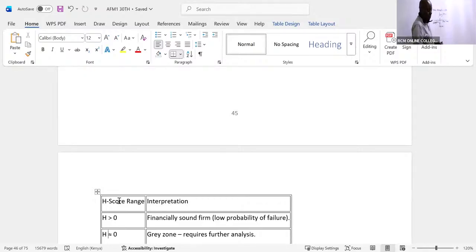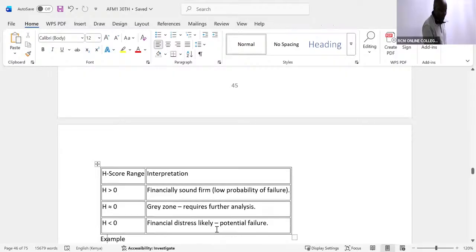And we are told that if H is greater than 0, if it is positive, then this organization is financially sound. The organization is doing very well. If H is 0, that is ish, it's a gray zone, requires further analysis. And if H is negative, it is an organization which is financially what here? Distressed.